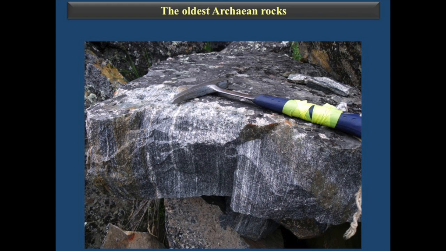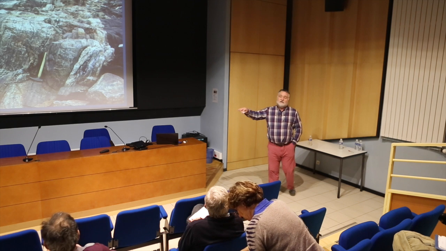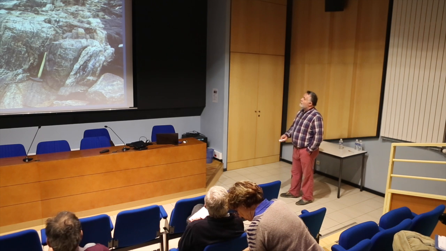On each side there is amphibolite, black amphibolite this time, which is metamorphosed basalt. So these rocks are in fact supracrustal rocks. Supracrustal means emplaced at the surface of the Earth. That can be sediments or lava, but emplaced at the surface of the Earth.